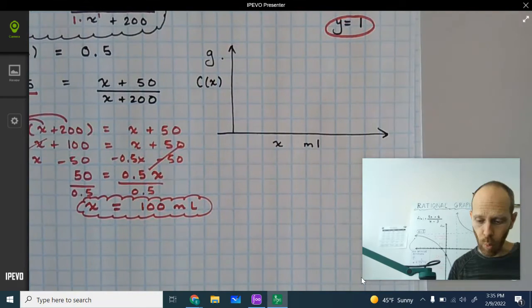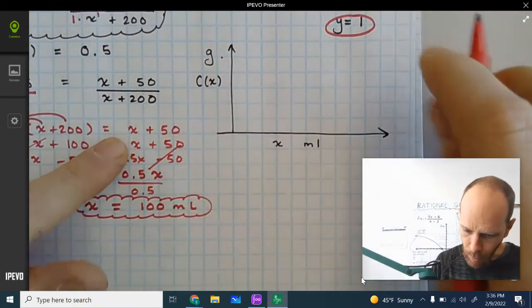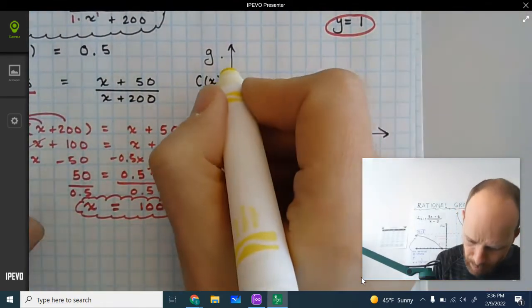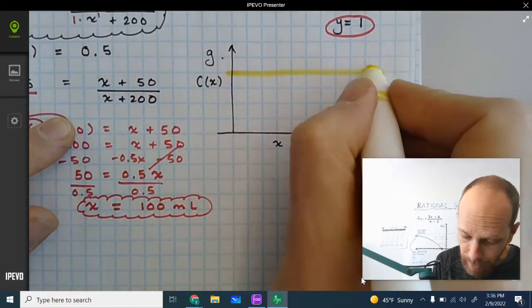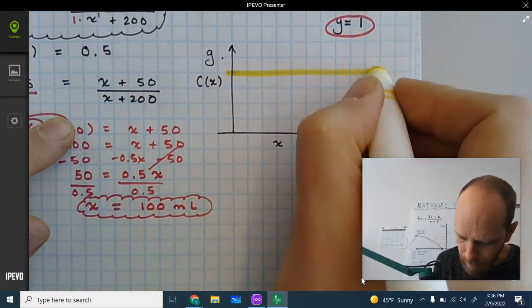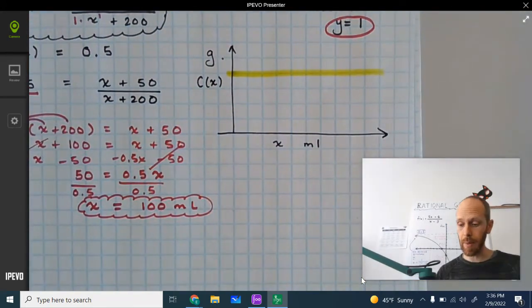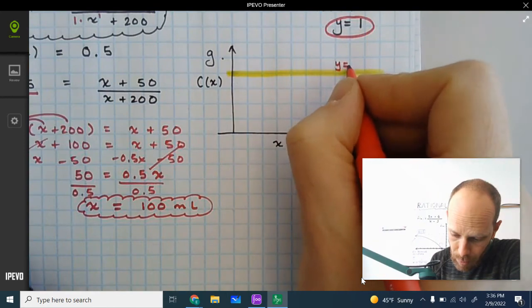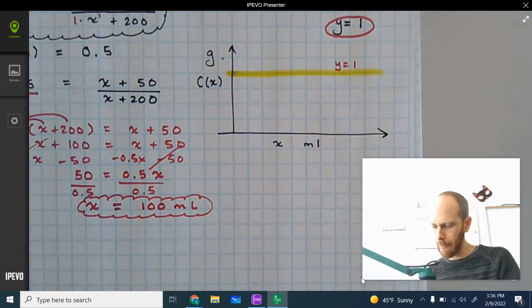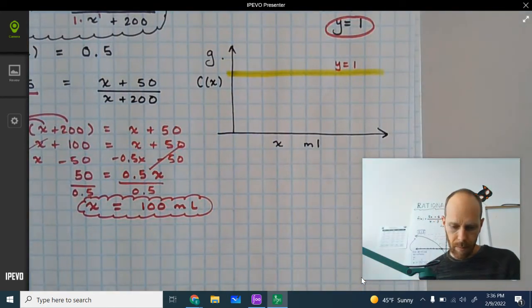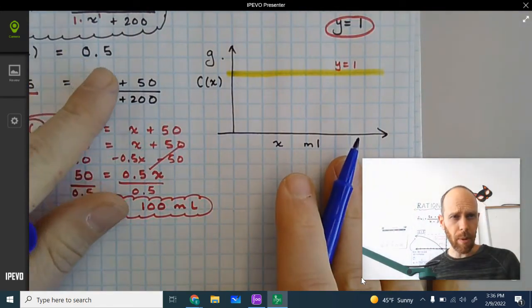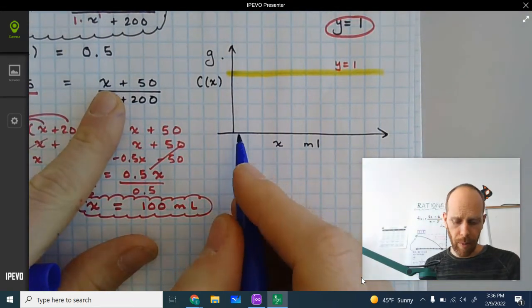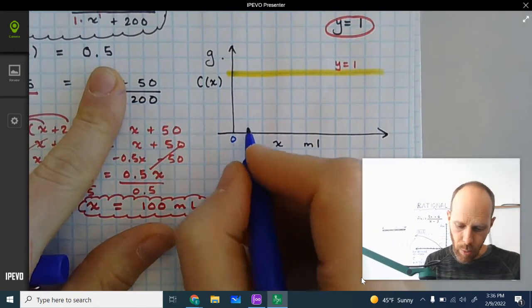And we know there's going to be a y-intercept. Oh, sorry, did I say y-intercept? I misspoke. I meant a y-asymptote, an end behavior asymptote. And that's going to be at y is equal to 1. And we know that when we plug 0 in right here, 0 milliliters, we get 25%.